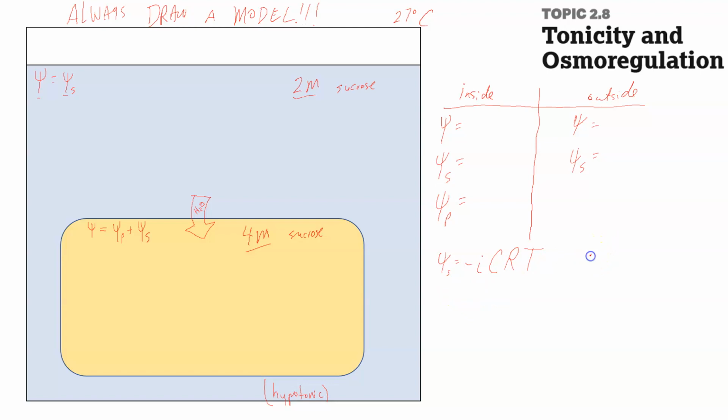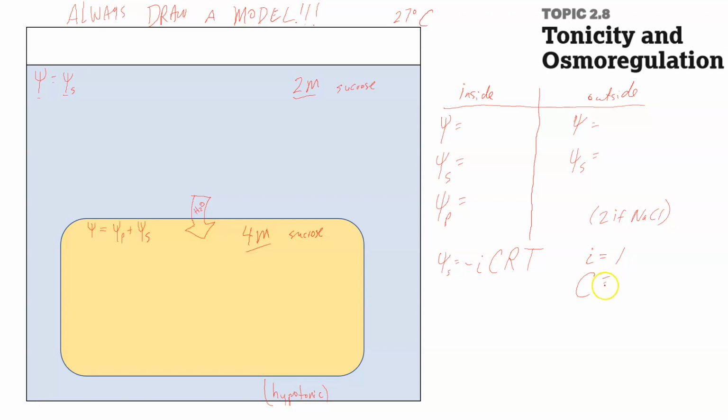For sucrose, unless it otherwise says, the ionization constant is going to equal 1. And the only case in which the ionization constant is going to equal 2 is if it's some sort of salt, right? NaCl or some sort of salt. That's the only time this ionization constant is going to change. For us right now, it is 1.